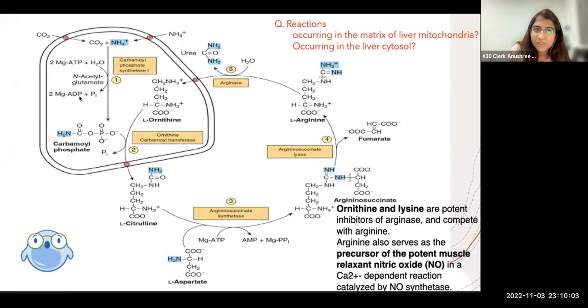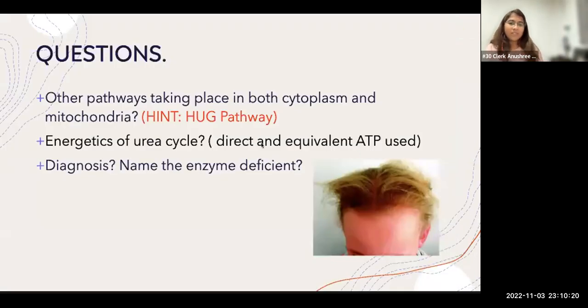So 2 molecules gave 2 high energy phosphates, whereas over here ATP was converted into adenosine monophosphate. So 2 high energy inorganic phosphates were released. So hence the equivalent ATP used is actually 4. Please take note of this and always read the question carefully and see what it says. Does it say direct or equivalent?